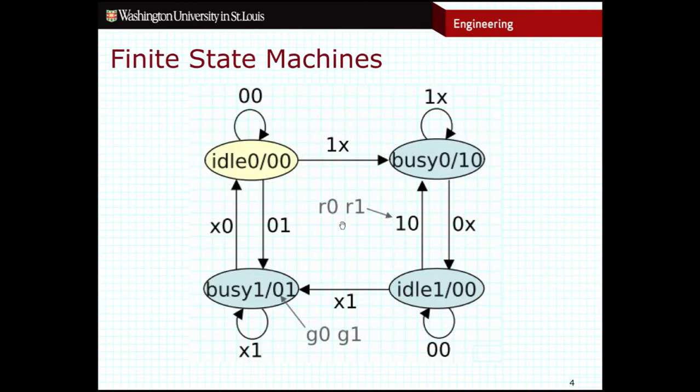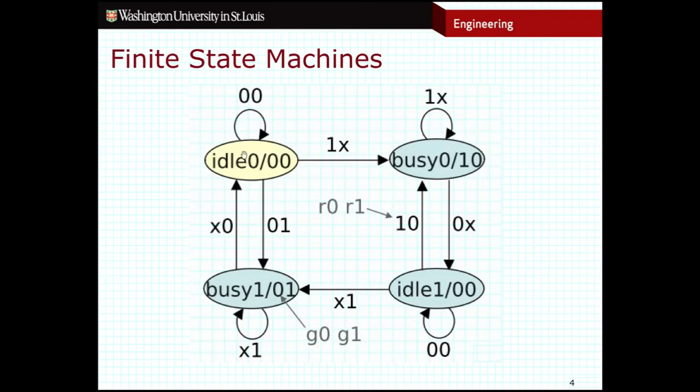Well, we need 4 states in this particular case to enforce our rule that if both processes request access at the same time, then we need to give precedence, right, to the process that has not accessed the disk most recently, who has not used the disk for the longest period of time.